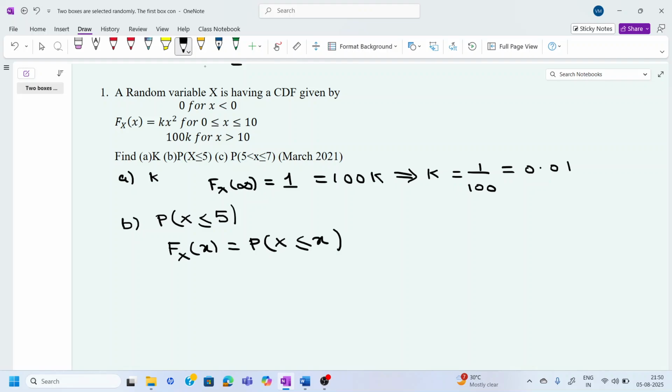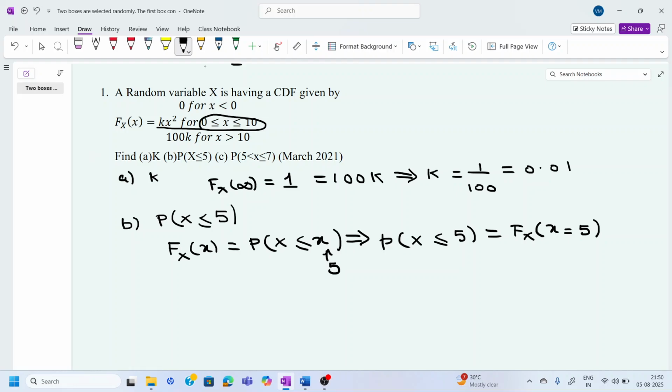In the problem statement it was asked for the probability that the random variable is less than or equal to 5, so small x value is 5. So the probability of x less than or equal to 5 is simply the distribution function at x equal to 5, and x equal to 5 lies in the range 0 to 10.